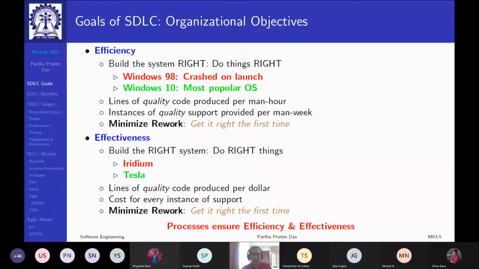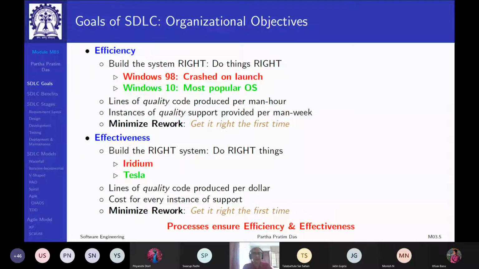That's a very broad level objective. But I will point out that there are two core goals that any organization would like to meet. In fact, this is not specific to software companies. Any product or service company will have that.